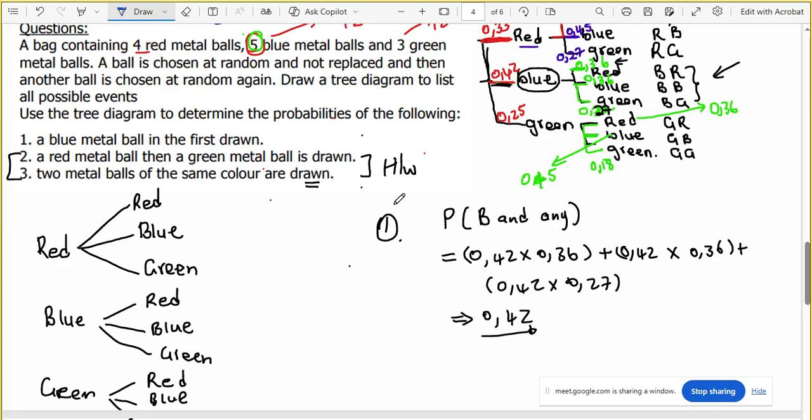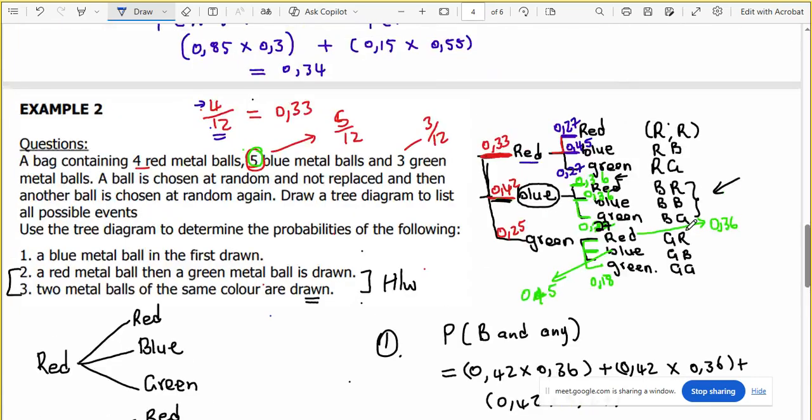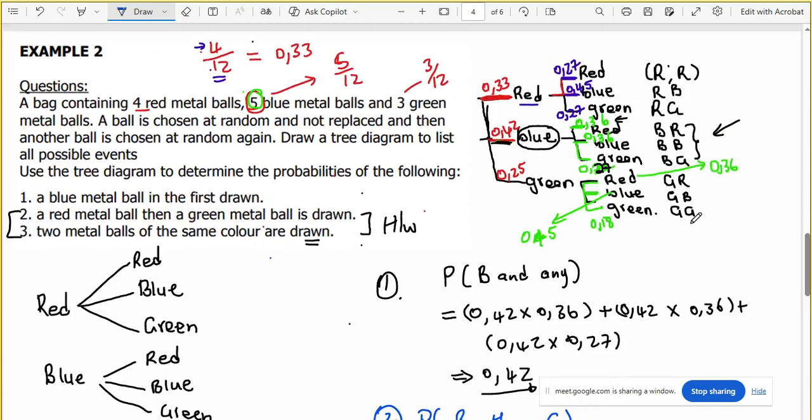Okay. Yes. All right. So on the second one, they said to find the probability that we get red and then what? Green. Red, then green. What will be the probability? So you're going to look at your possible outcomes. We need the one that starts with red, then green. That's the first one.